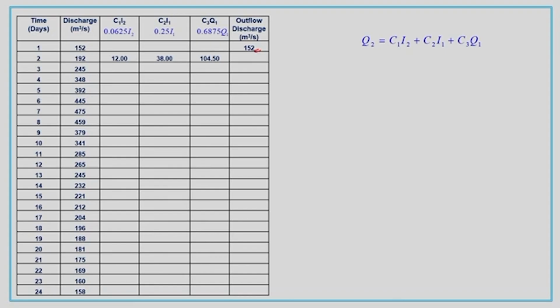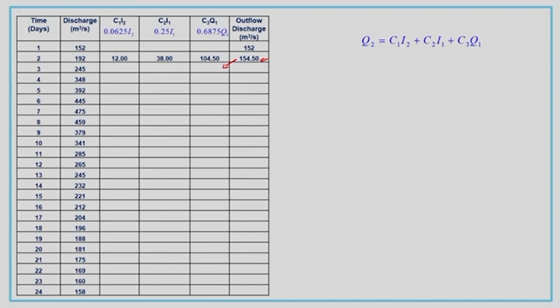Now we can get the value corresponding to Q for the next time step, that is Q2, obtained by C1 I2 plus C2 I1 plus C3 Q1. So we just sum up the values in these three columns. We can calculate it as 154.5 meter cube per second, and this value will be used for computing C3 Q1 in the next time step.